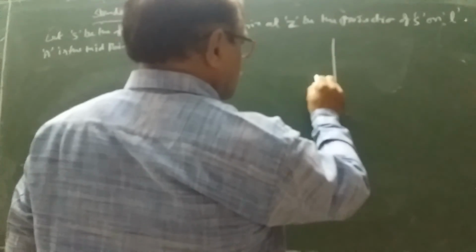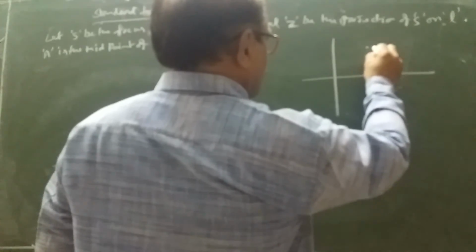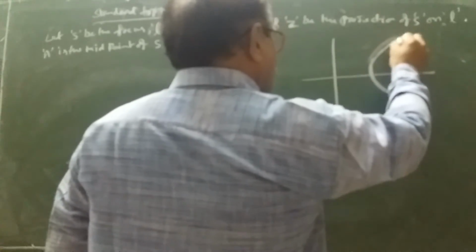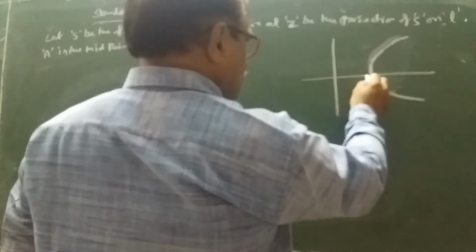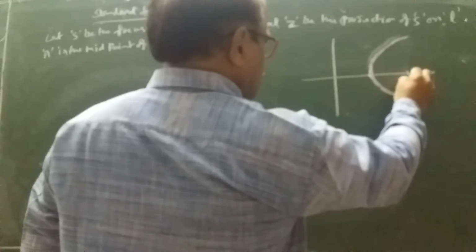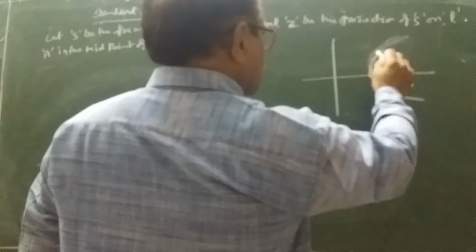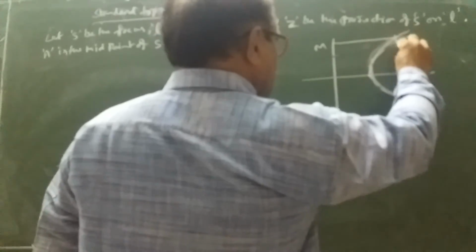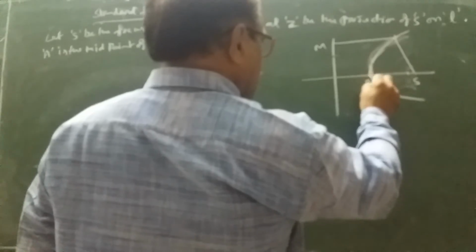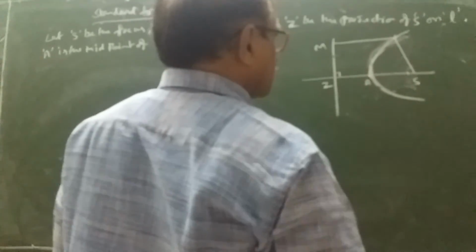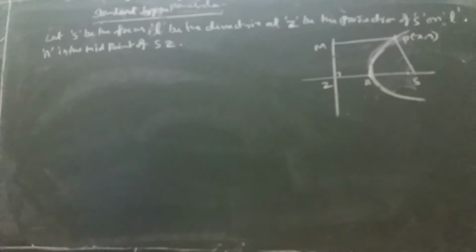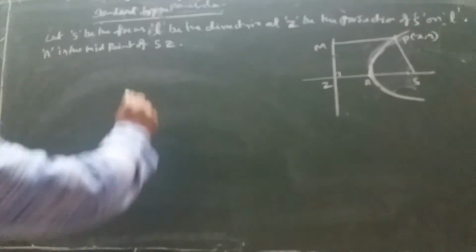This is the directrix, this is the axis. Let P(x, y) be any point on the parabola. This is given, S and Z.